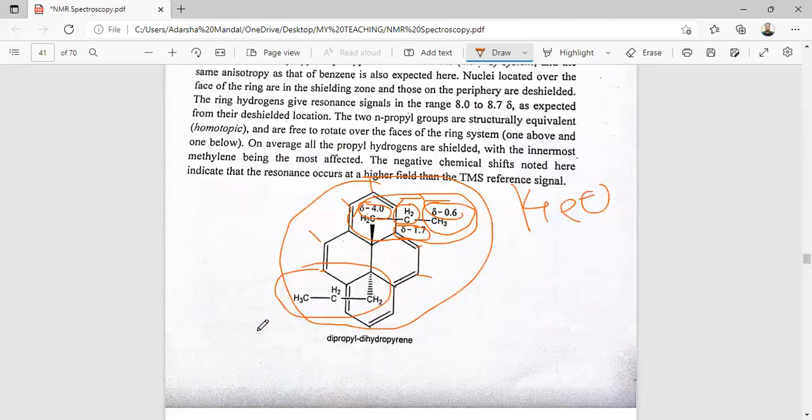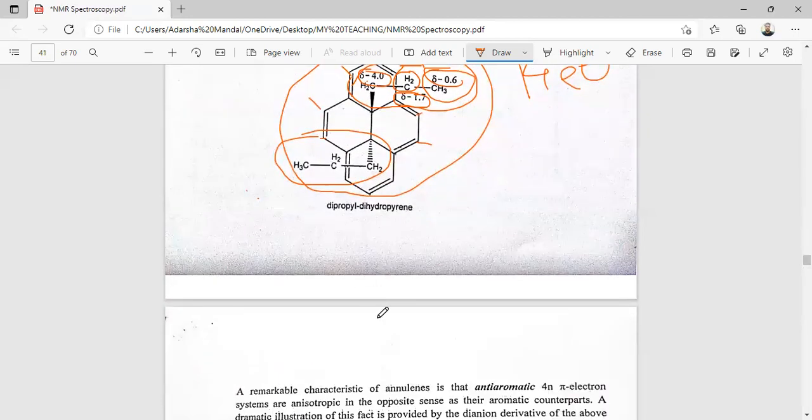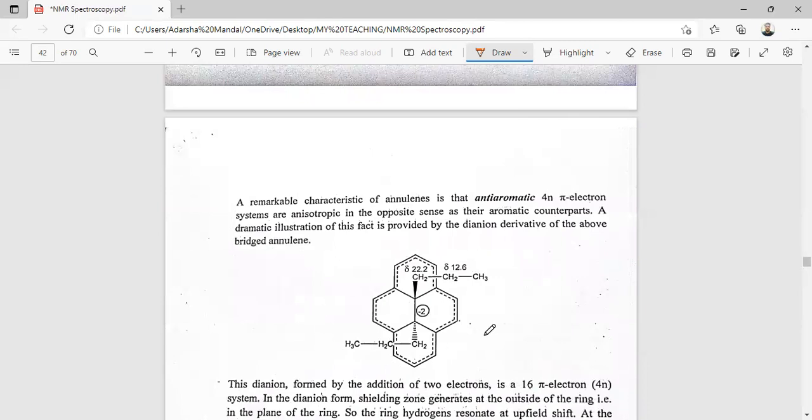So among these two compounds, this is the aromatic one and this is the anti-aromatic one. It has a total of 16 electrons. In the aromatic compound, the ring current creates the deshielding zone in the plane of the molecule, and the shielding zone is created on the upper and lower sides of the ring.